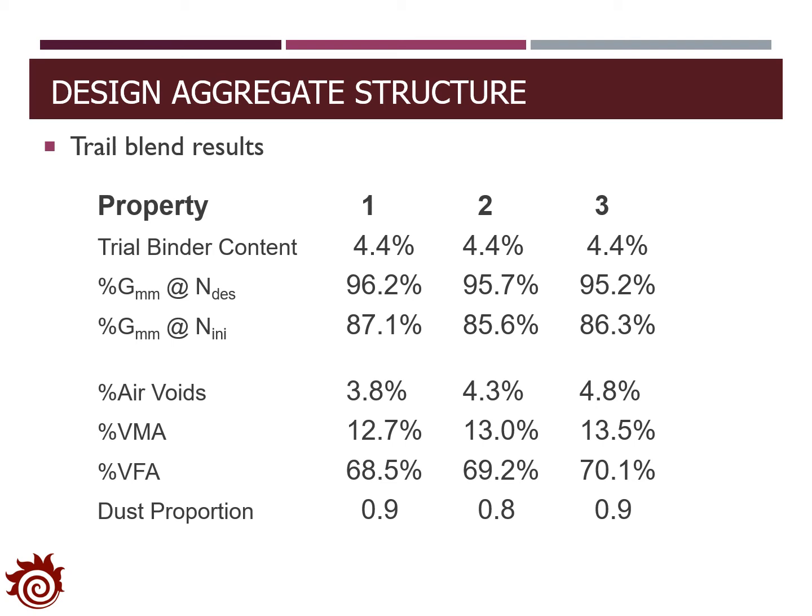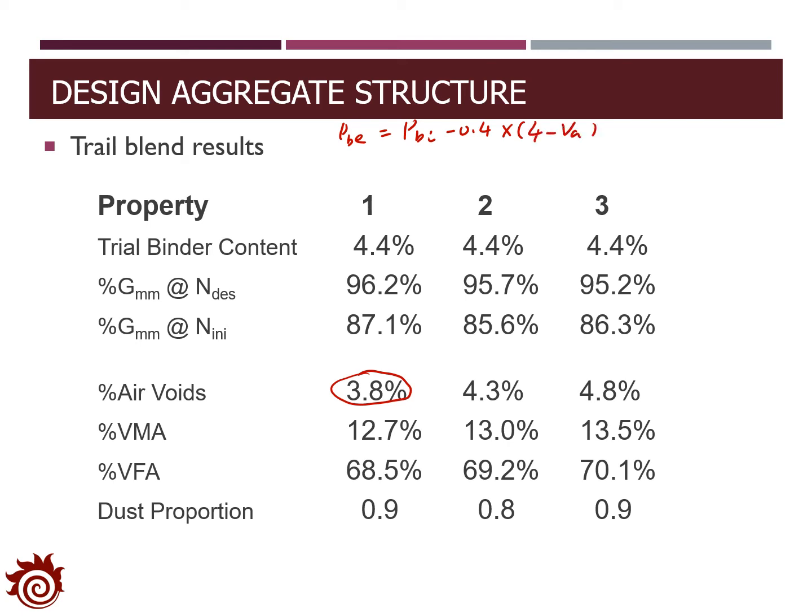First, let's check the trial 1. The air void is 3.8%, and we will need to call the equation PBE equal to PBI minus 0.4 times 4 minus VA.